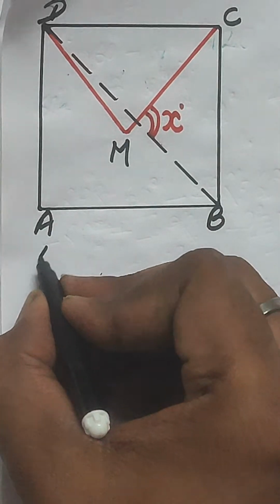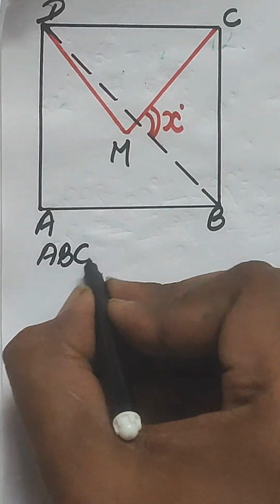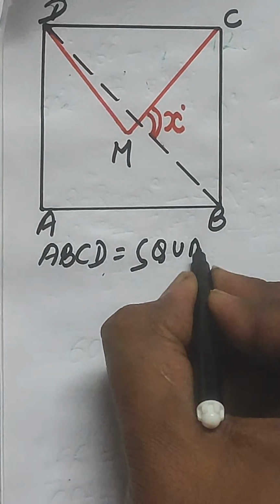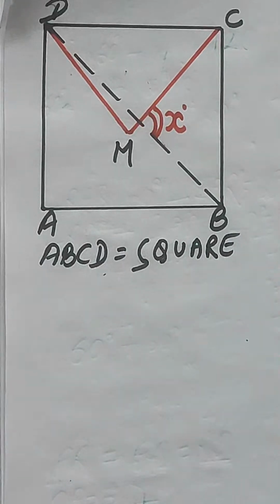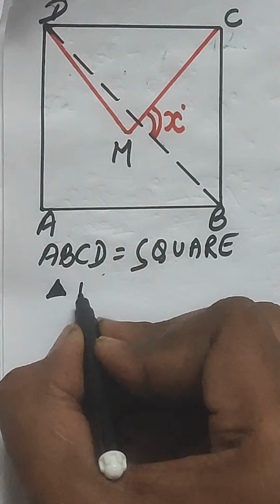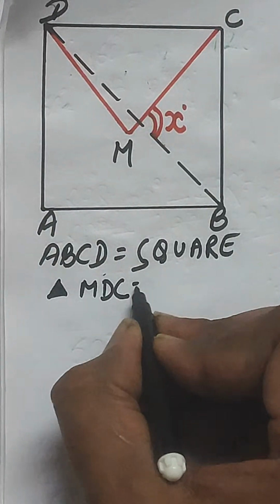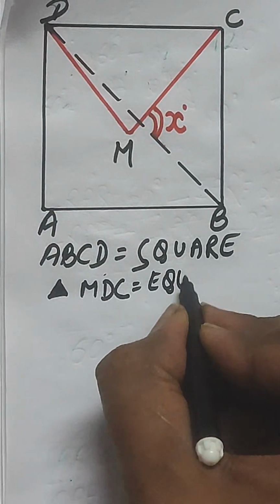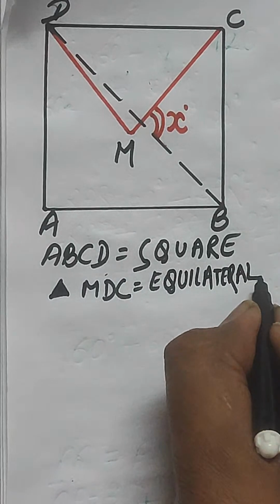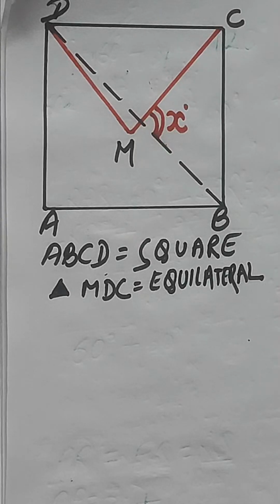So let me write about the figure. ABCD is a square, right? Triangle MDC is equilateral, right?